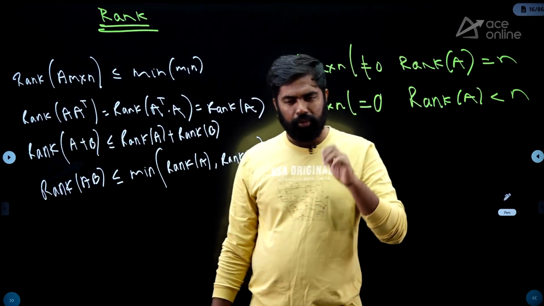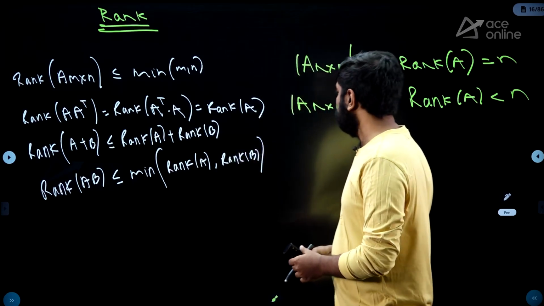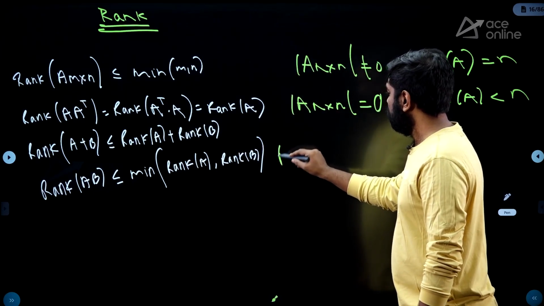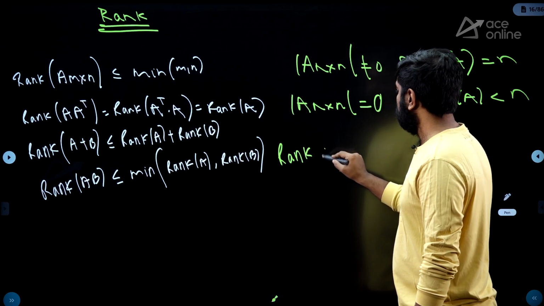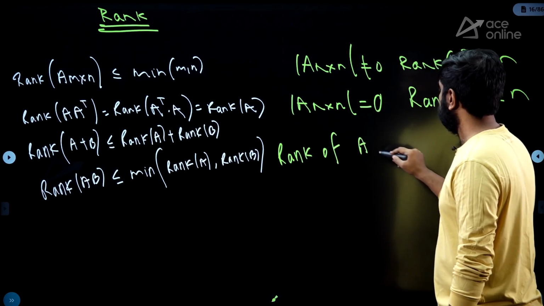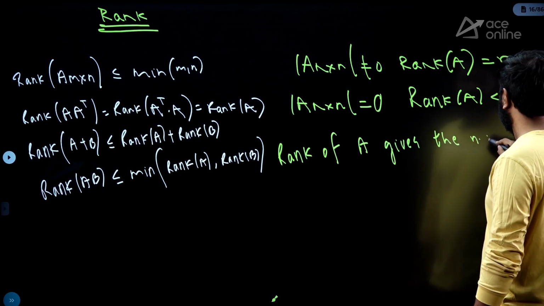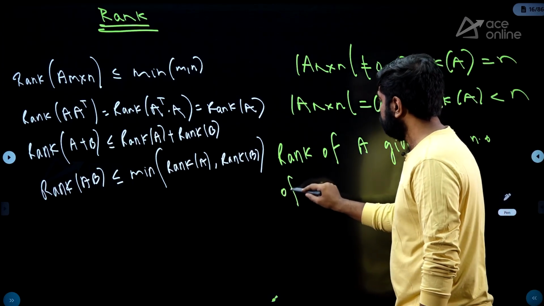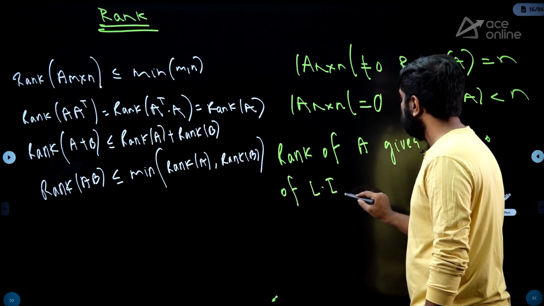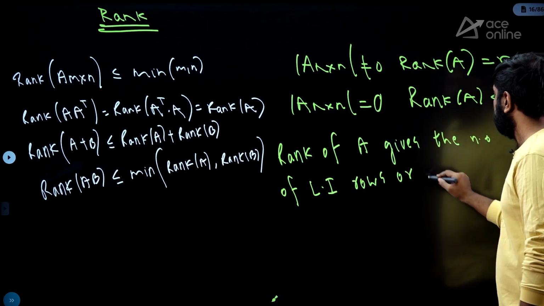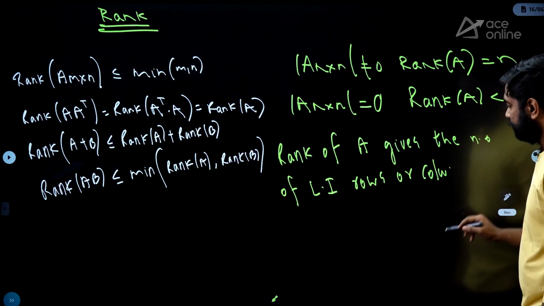What does the rank denote? This is the most important point everyone should know. What does the rank denote? Rank of A gives the number of linearly independent rows or columns.